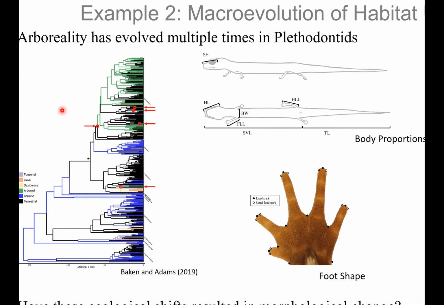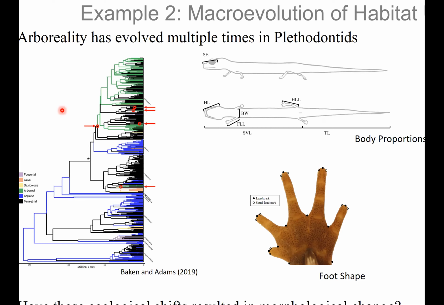So we might want to ask whether or not this shift to being an arboreal salamander has resulted in a unique morphological change. In other words, is there an arboreal phenotype? That's actually a rather common question that we ask regardless of what organism we're looking at: they've invaded some new habitat, they might have adapted to this new environment.